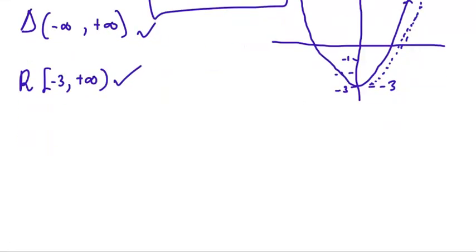So let's see the next one on our list. The next one here is also a polynomial, but this is a quadratic function. So we have f of x is equal to x squared minus 4x plus 5.